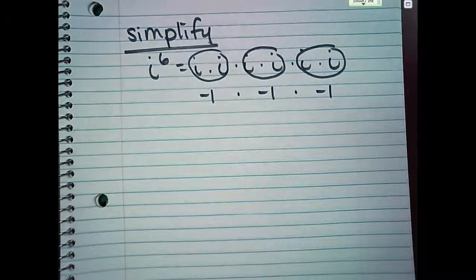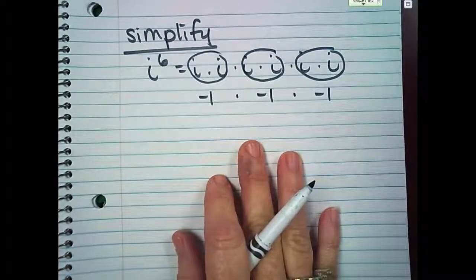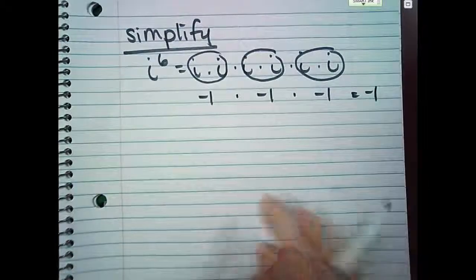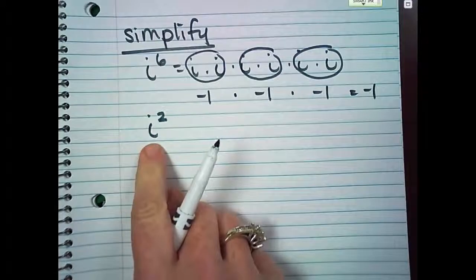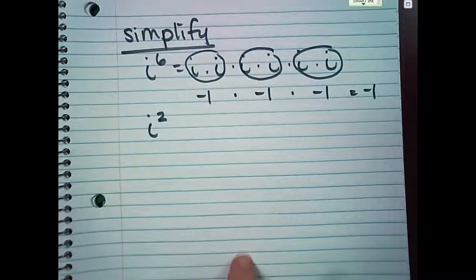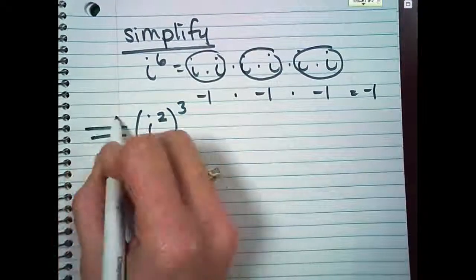So I'll show you. But some of you may have seen the pattern that quickly. So what you can say to yourself is, we know the answer is negative 1. So if you look at this i squared, that's what has a value of negative 1. How many i squareds are there in i to the 6th power? How many groups of 2s are there? 3. So that's the part you need to write down.